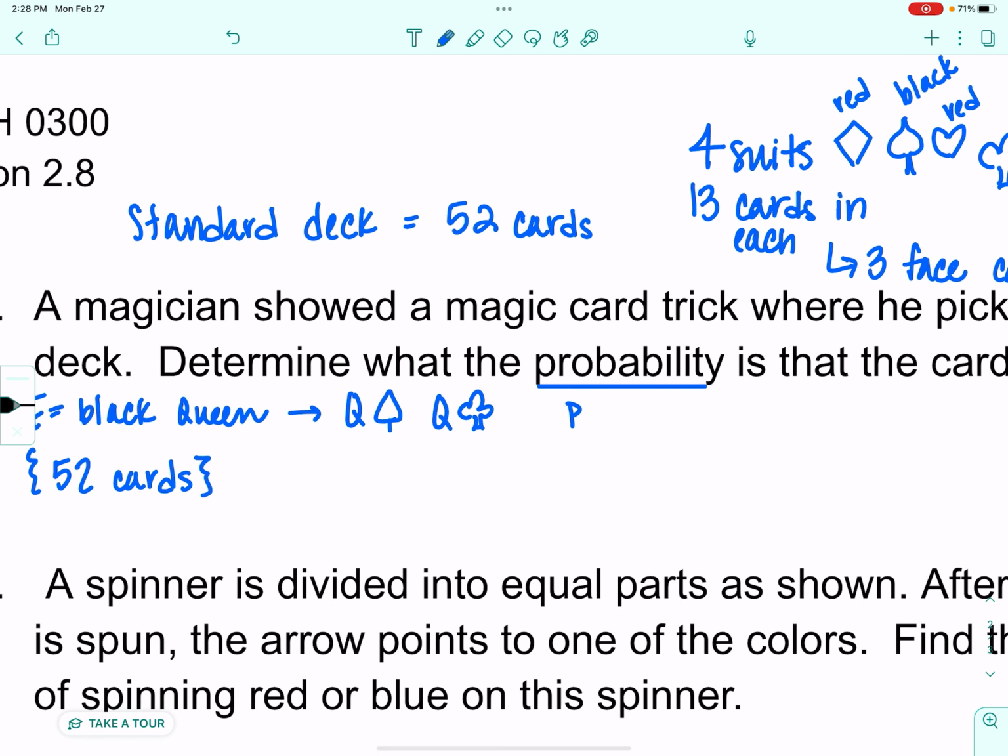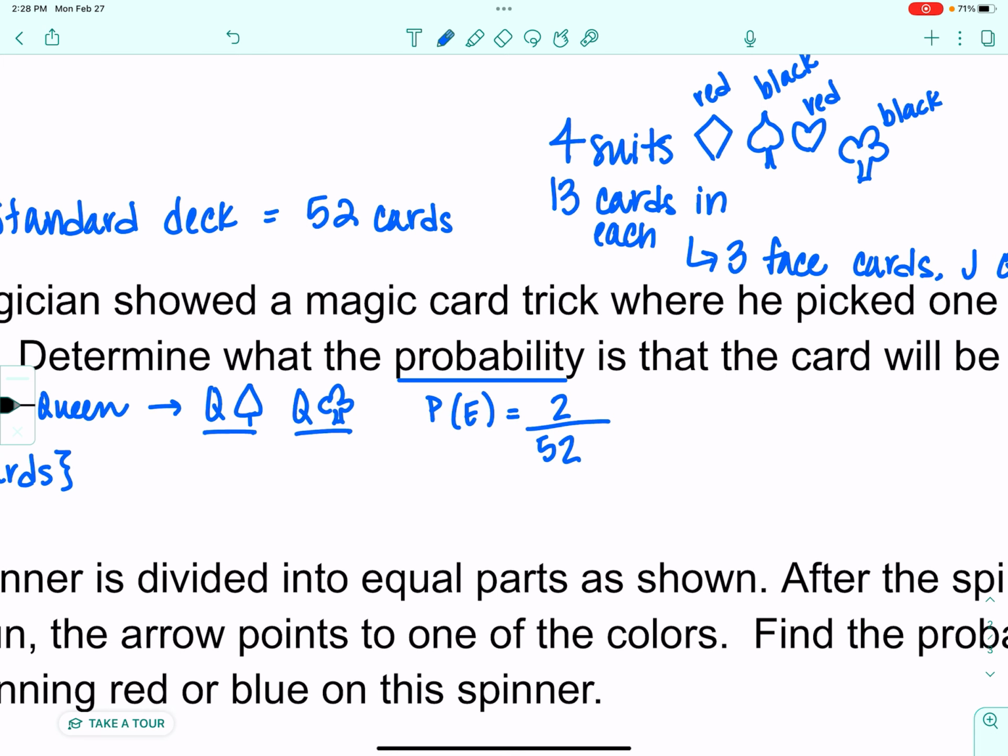So the probability of our event of drawing a black queen, I've got 2 ways I could do that. But I also have 52 cards that I could draw instead. Now, one of the things you have to remember with probability is we always want to reduce the fractions.